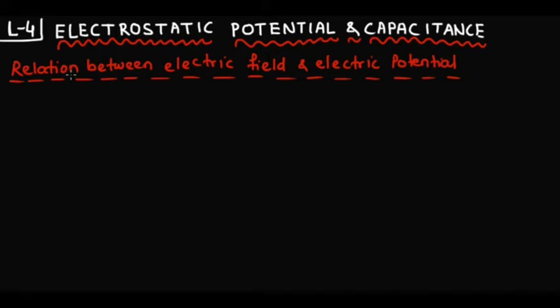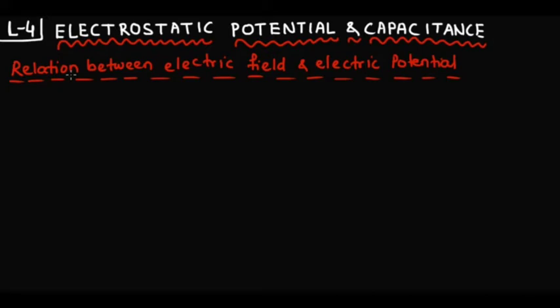In this lecture, we will derive a relation between electric field and electric potential. So students, in chapter 1, we have discussed electric field, which is a vector quantity, and we know how to calculate the electric field due to a point charge, due to a line charge, due to a charged spherical shell, and due to a plane charge sheet.